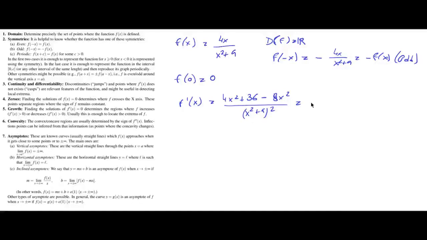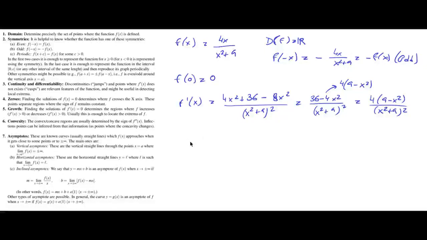So this is (36 - 4x²) / (x² + 9)², or in other words, 4(9 - x²) / (x² + 9)². The zeros of the derivative are going to be plus and minus 3, right?